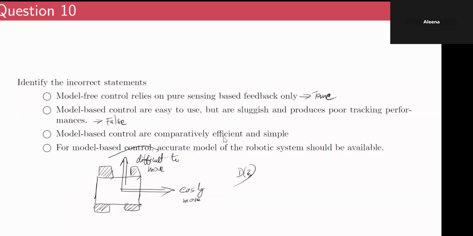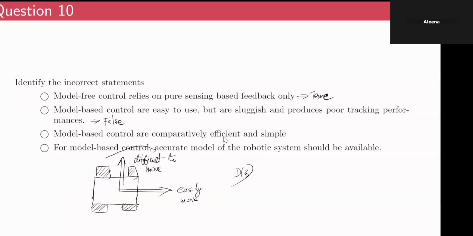So if you're using the information from the inertia matrix, the control input would be scaled appropriately. If you want the robot to move in the lateral direction, based on the information from the model, which is the inertia matrix, the control law would give an amplified input along the lateral direction, so that the robot can move.